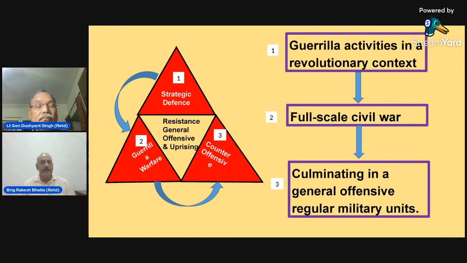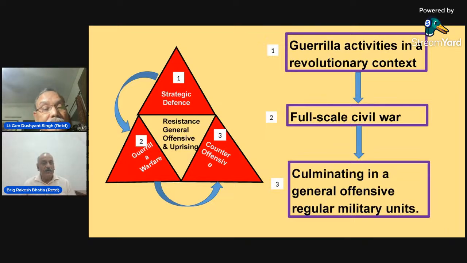These specifically meant guerrilla activities in a revolutionary context. You carry out a guerrilla activity like the Vietnamese did. They employed local militia to stop the initial wave of the Chinese attack.